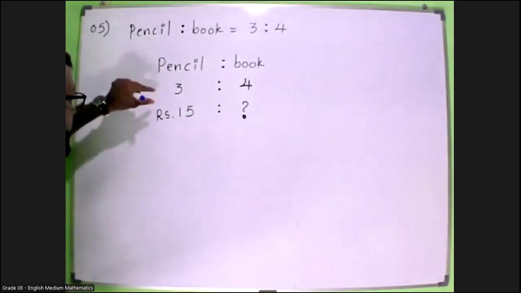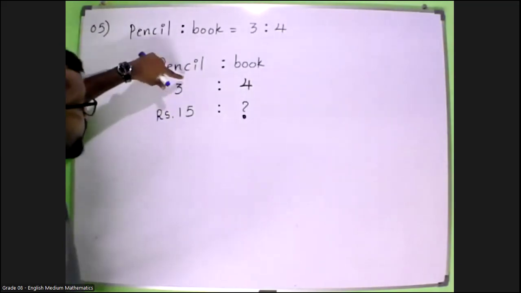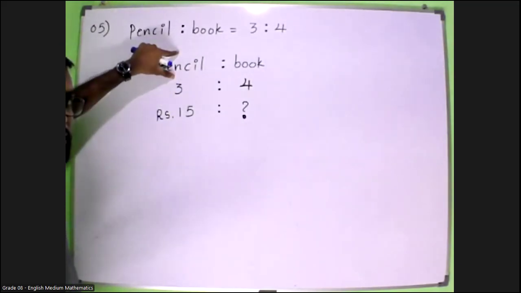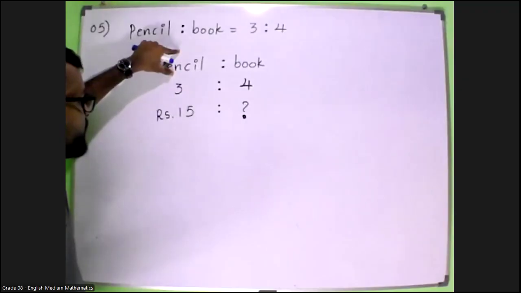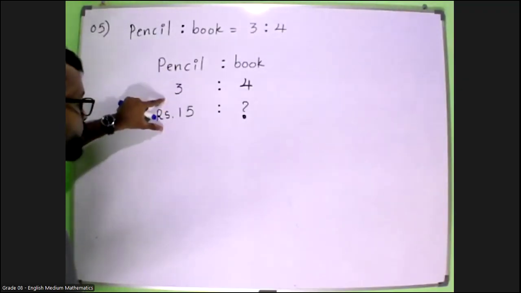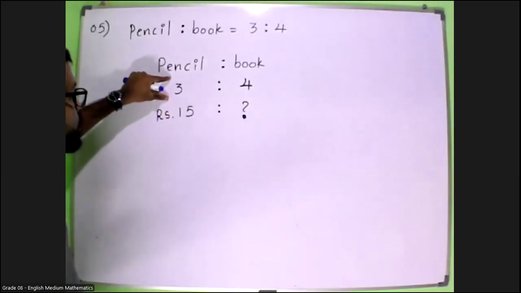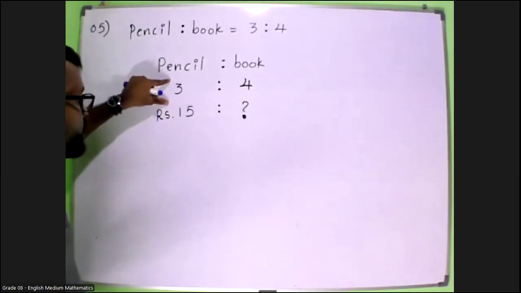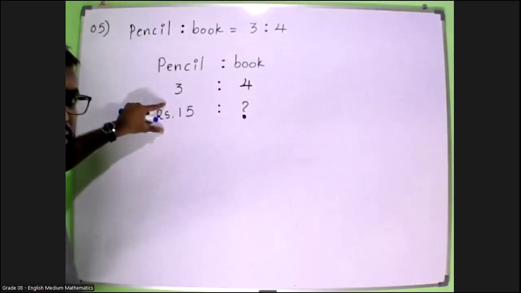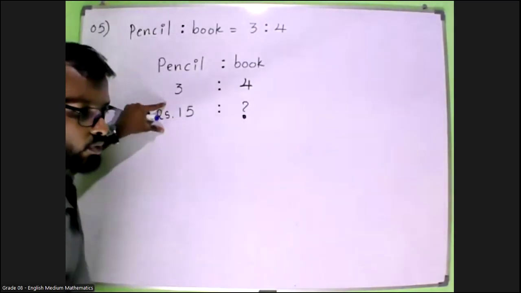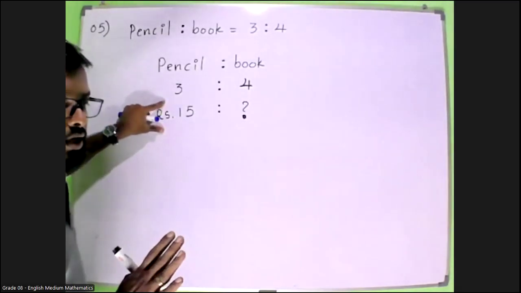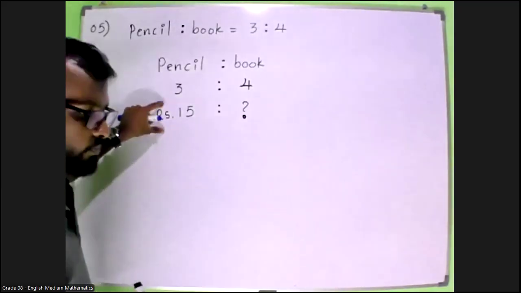Here you have 3 parts of a pencil, which cost 15 rupees. Now we are going to find 1 part of a pencil, how much it costs. Now look at the board. I am going to show you the right way to do it.